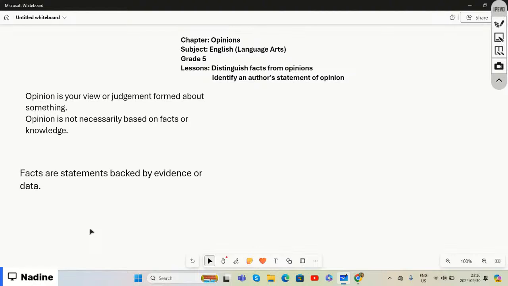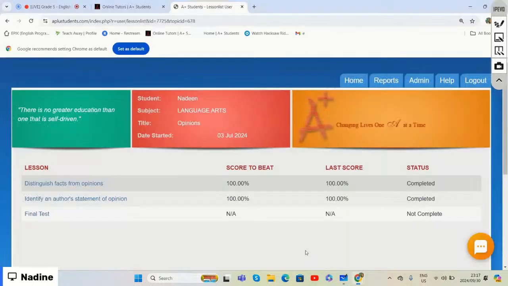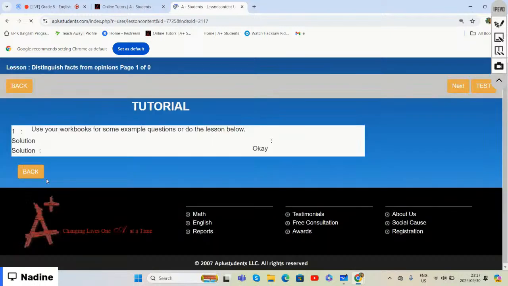All right. So now we're going to aplusstudents.ca. And we're now going to do opinions. So we're going to the first lesson where we're going to distinguish facts from opinions.